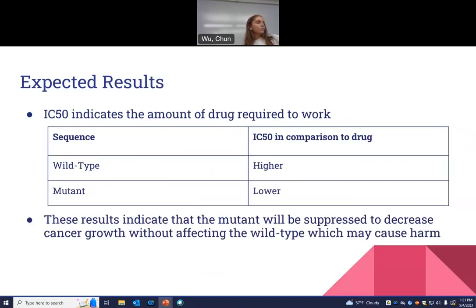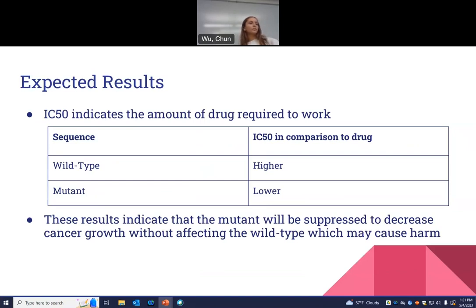So the expected results based on the experiment would be identical to what we did in wet lab, considering it's literally the same thing, except for a slight change in the mutation. For the wild type, you want the IC50 in comparison to the drug to be higher, because you want the wild type to not be affected by the drug when it's bound.